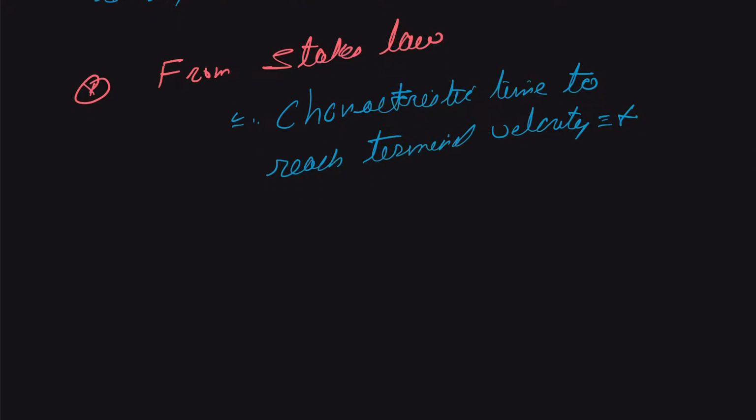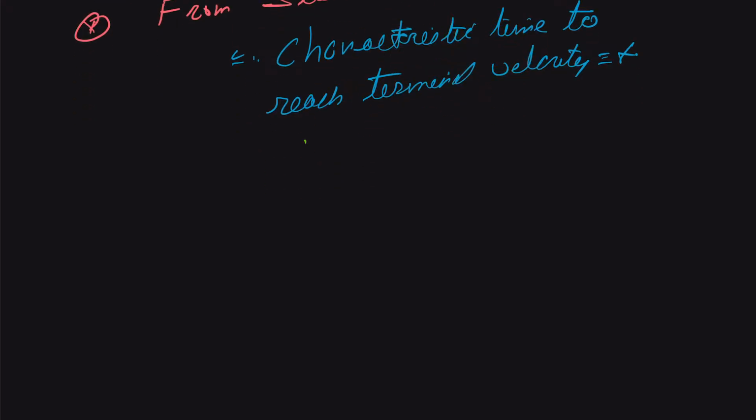Then this t can be approximately equal to m upon 6 pi mu r. And in case of mass, we can write density times r cube, and this comes over mu times r.